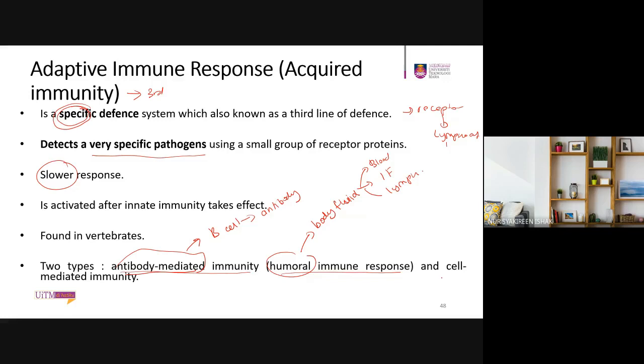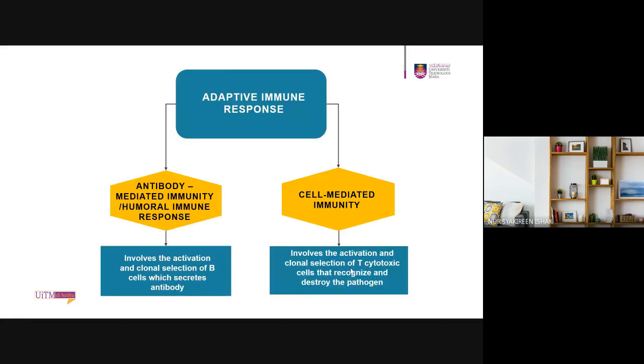Okay, so another type is cell-mediated immunity. This one involves the cytotoxic T cell. Both of these cells are lymphocytes. So adaptive immune response, we have two: the first one is antibody mediated immunity or humoral immune response.